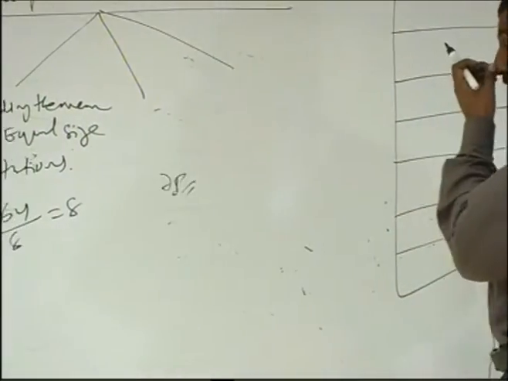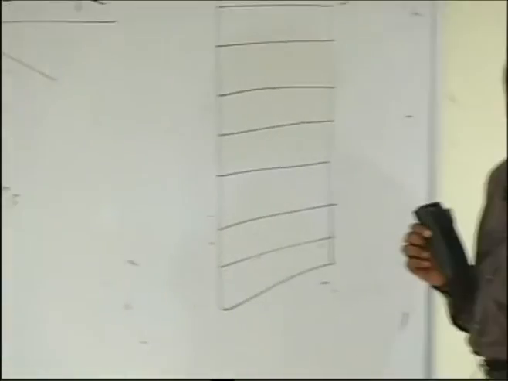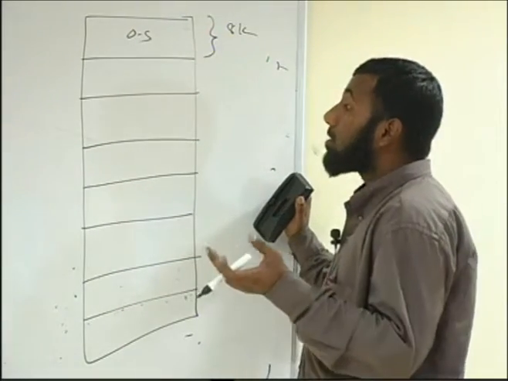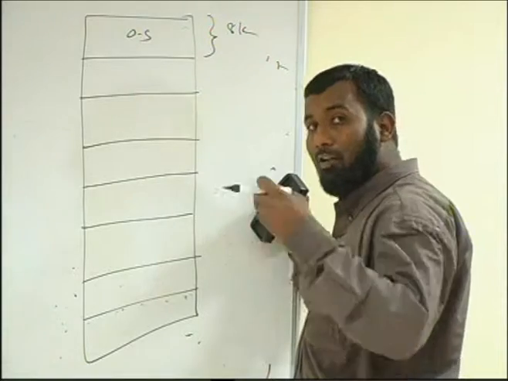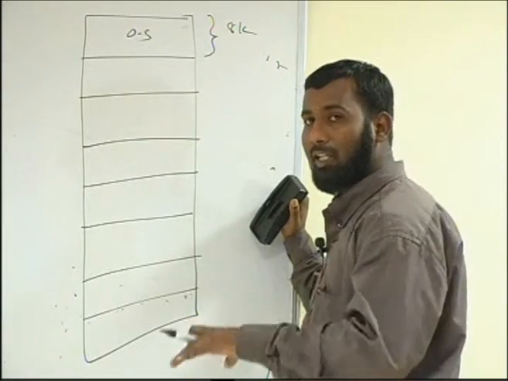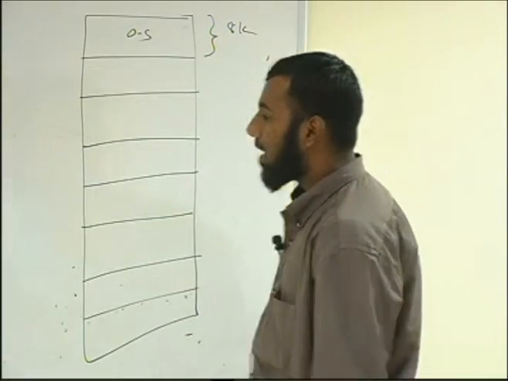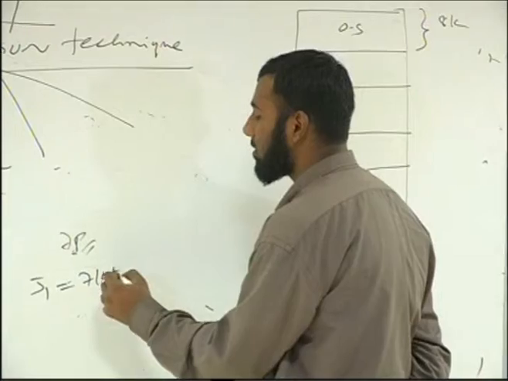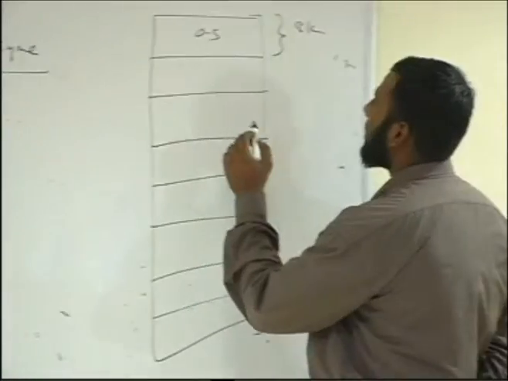Now, what is the advantage with this technique? The advantage is that it is possible to accommodate 7 processes to reside in memory simultaneously. Now, we have a job J1. Suppose the size of this job is 7 kilobytes.